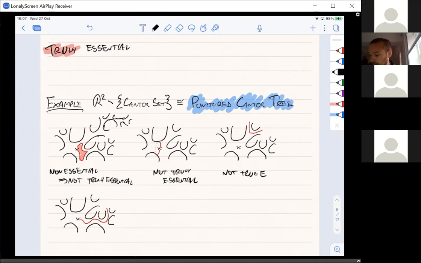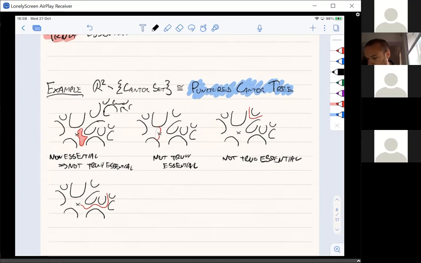The way to think about this is, does the surface even notice when you remove this arc? And it doesn't, because it remains homeomorphic. So the final example is an arc based once at the puncture and then once out at infinity.